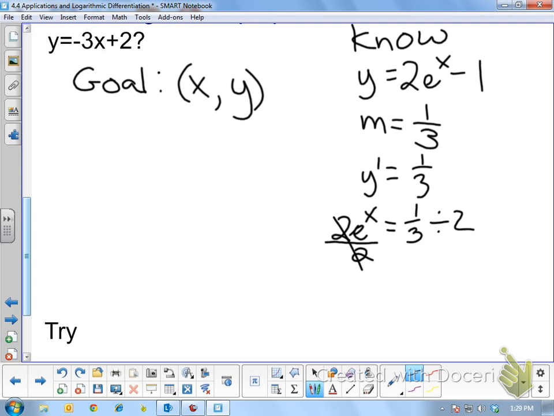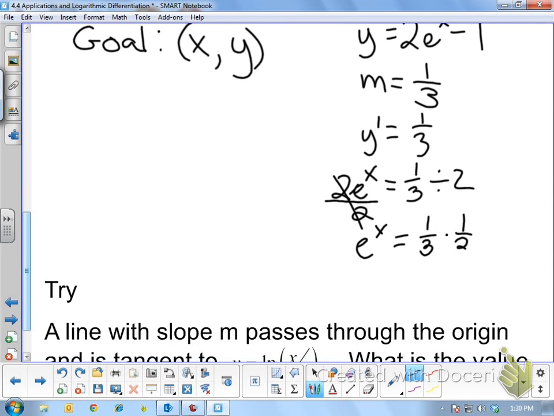So when I divide by 2, that's the same as timesing by 1/2. So you get e to the x equals 1/6. And then, as Emma said, we could natural log both sides to get rid of e. I can do whatever I want to both sides as long as I do the same thing to both sides. What I want to do is ln both sides.